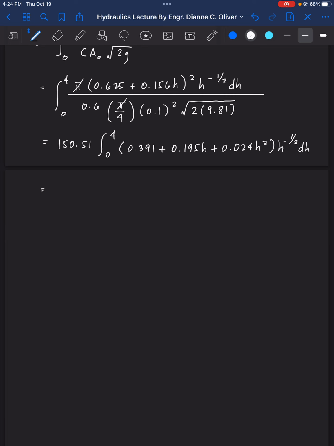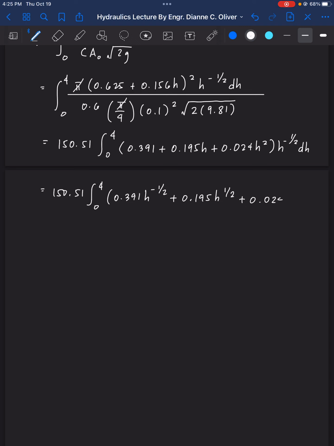So that is equal to 150.51 times the integral from 0 to 4 of 0.391 h raised to negative 1/2 plus 0.195 h raised to 1/2 plus 0.024 h raised to 3/2 dh.